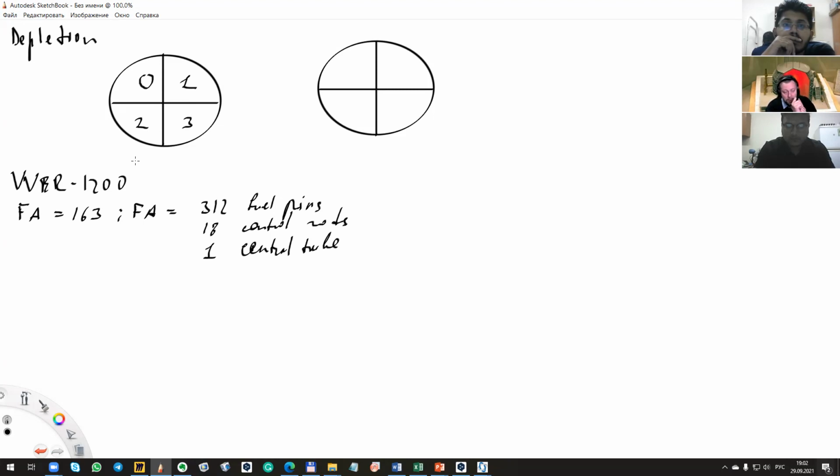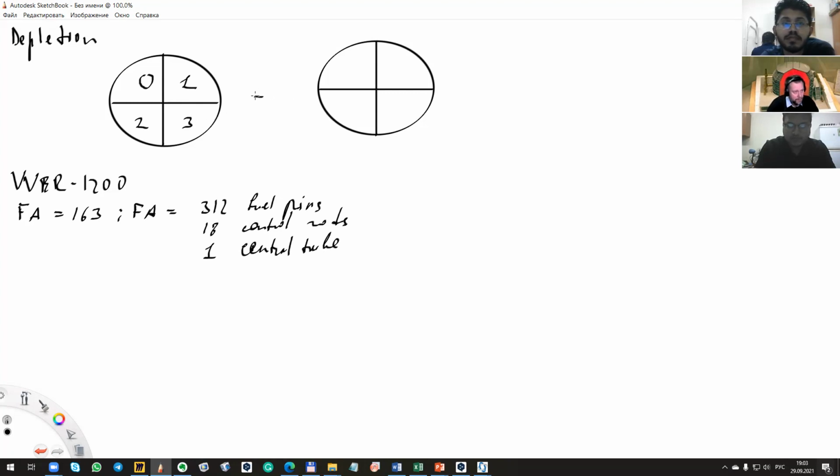Of course it plays a role, but for calculating the depletion, the burn-up process, for K-infinity, the role is not so high, and it's quite correct to model the core by a cell model. It's actually a polycell model: 0, 1, 2, 3.